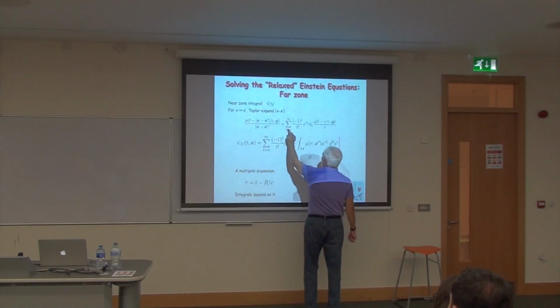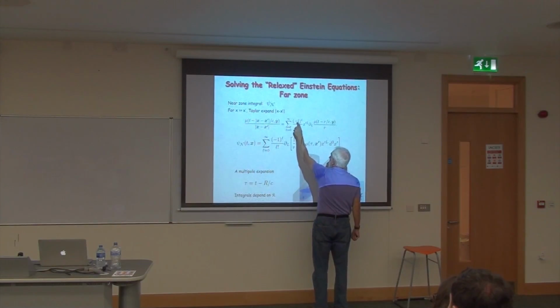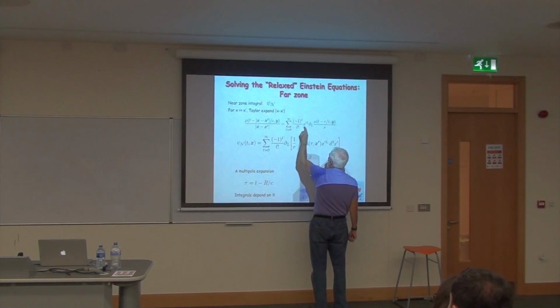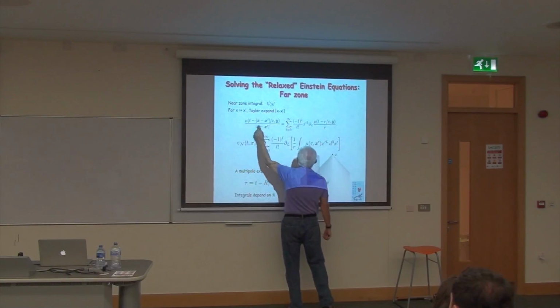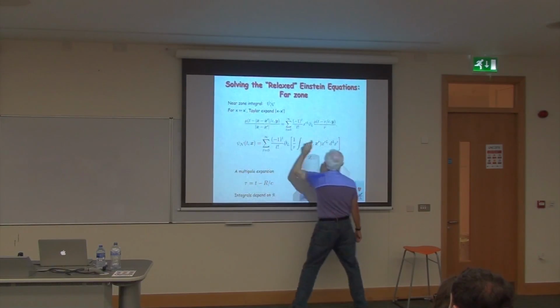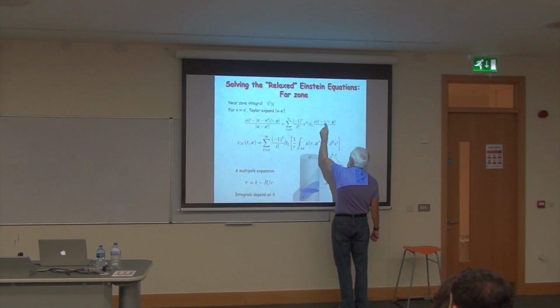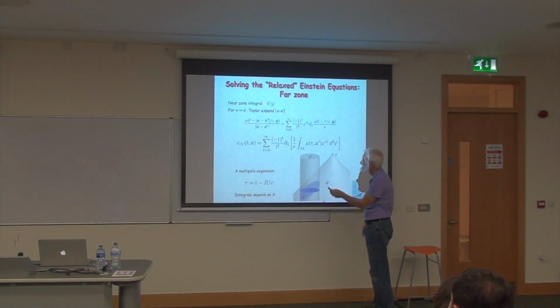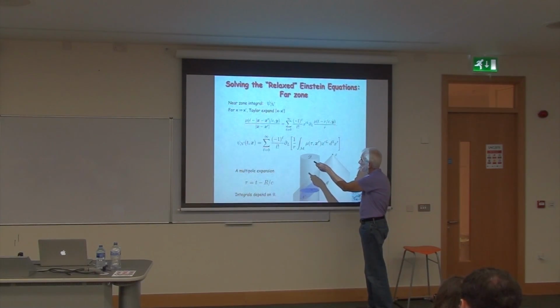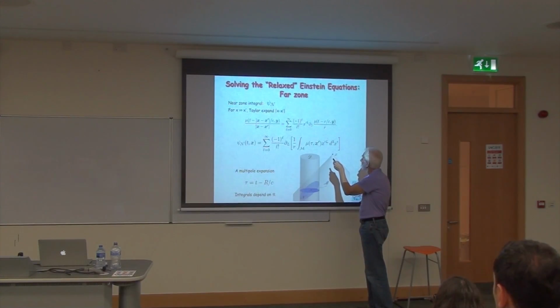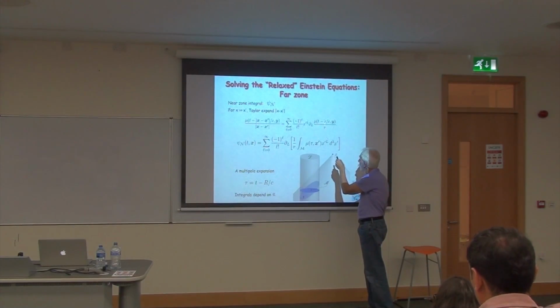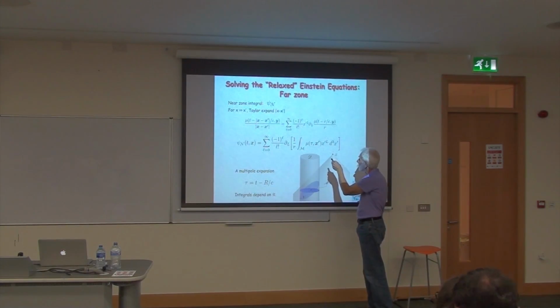We have a sum over all L, minus 1 to the L over L factorial, x prime to the L times a gradient of this thing evaluated at x prime equals 0, in other words at R. So it's t minus R over R, and we take L gradients of that thing with respect to R, and there are L exponents contracted with this.